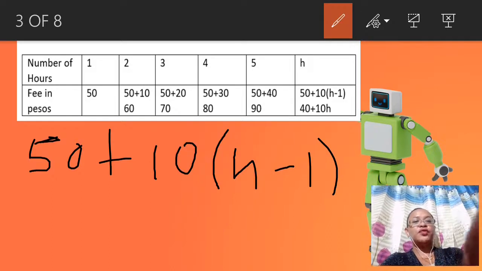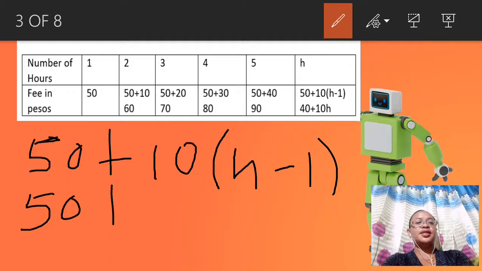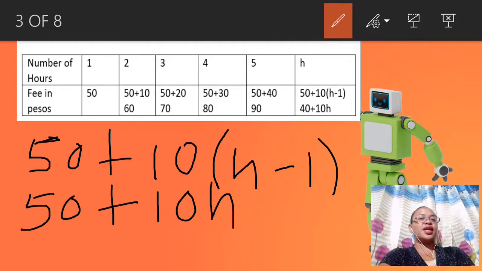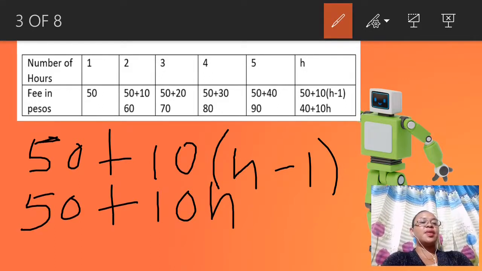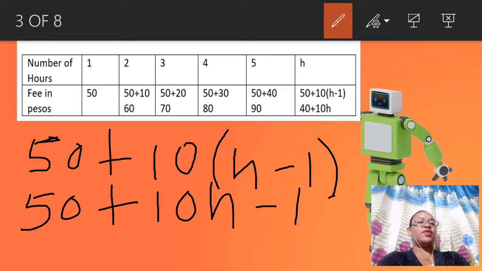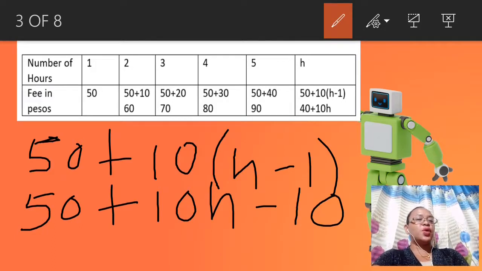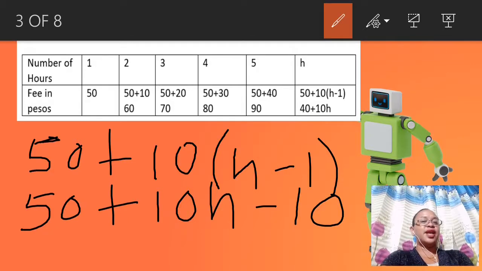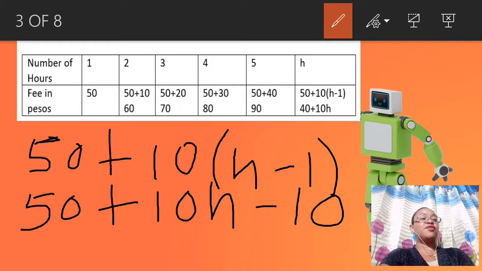And so we compute further. We have 50 plus 10 times h is 10h. So you are distributing 10 to the parentheses. 10 times h is 10h, minus 10 times 1 is 10. So you have here minus 10. And so, to simplify, since we have 50 and minus 10, 50 minus 10 is 40.